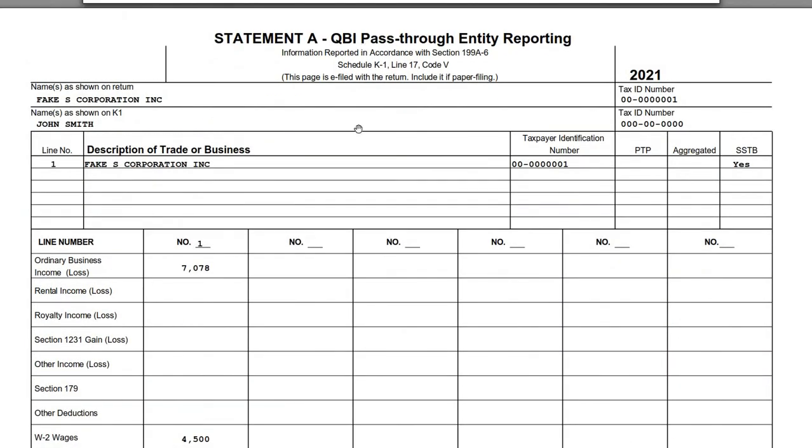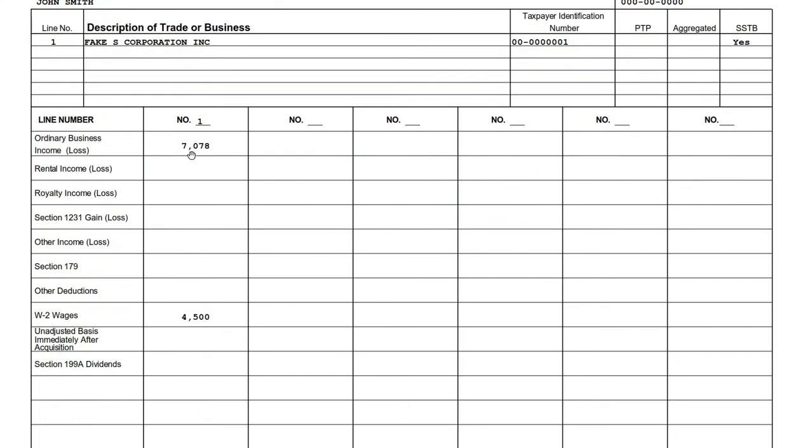So the QBI amounts that are passing through, our corporation here is a consulting business, so it's going to be a specified service trade or business. So we have SSTB marked here. And then we have the allocation of ordinary business income or loss and the amount of W-2 wages passing through from the company. Okay, so that covers all the allocations.